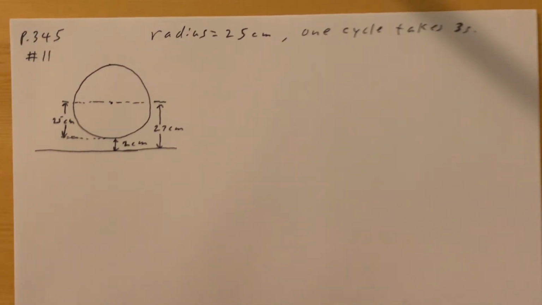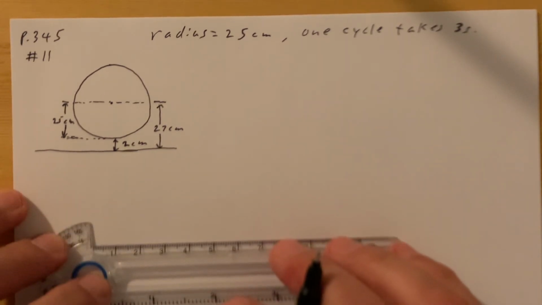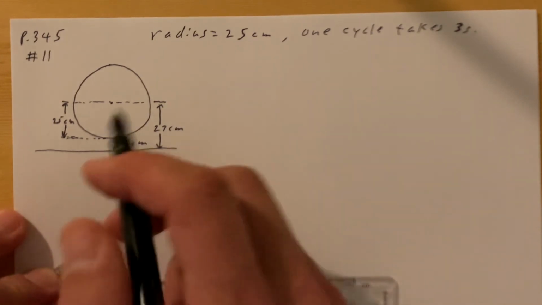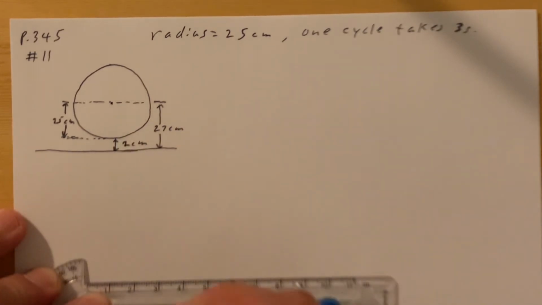Okay, so now we're going to draw this graph, and try to leave lots of space here. So because the axle is at 27 centimeters, that's going to be where the axis is for this.